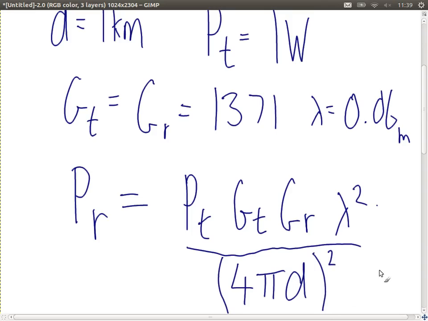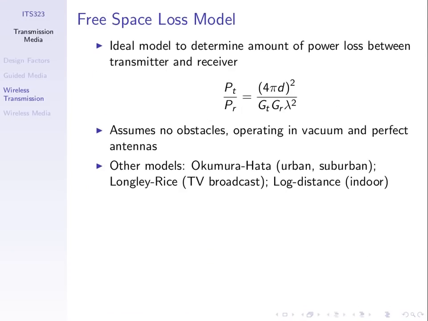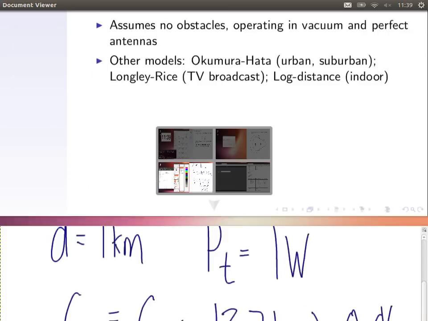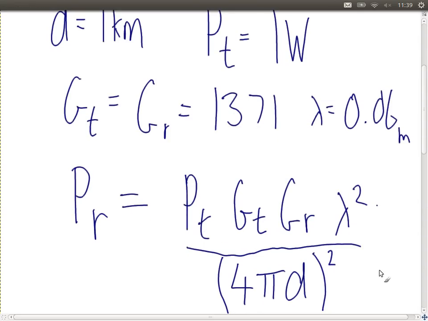All I've done is take this equation and rearrange it to find PR. A quick rearrangement gives us this: transmit power times the two gains times the wavelength squared divided by 4 times pi times the distance all squared. Anyone have an answer?